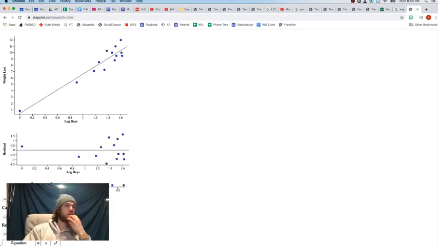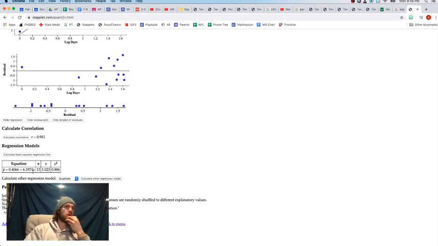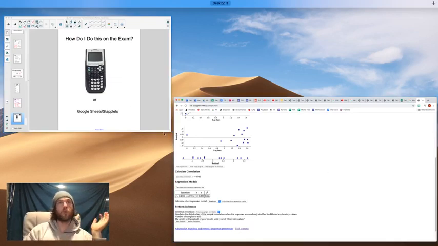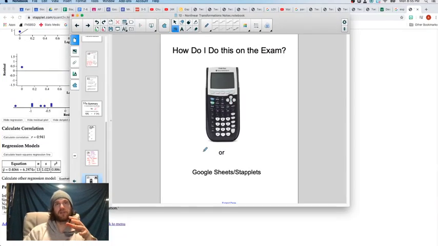It gives you your residual plot, and it gives you your equation here to predict. But that's actually natural log of x down there. So there's one way to do it on your calculator. Basically, you just store the log data in one list, and then you run a linear regression with the logged list in your explanatory slot.